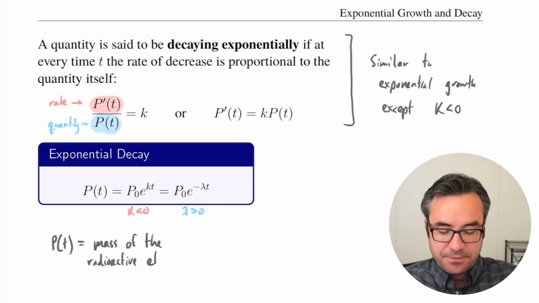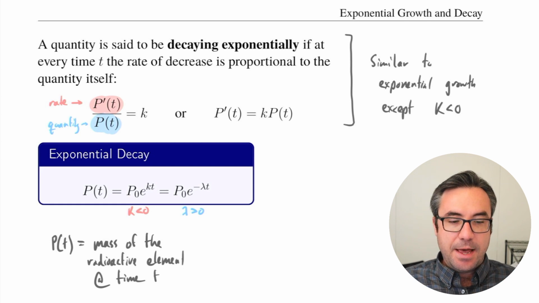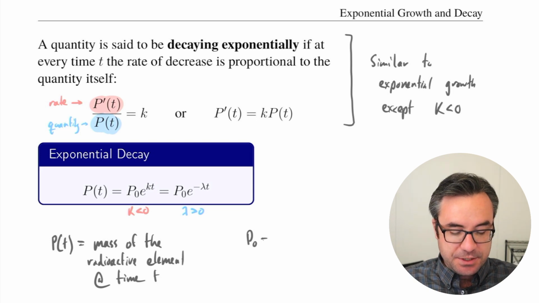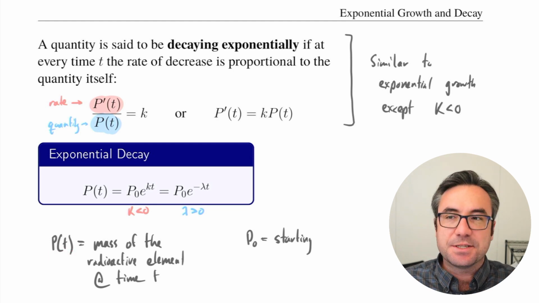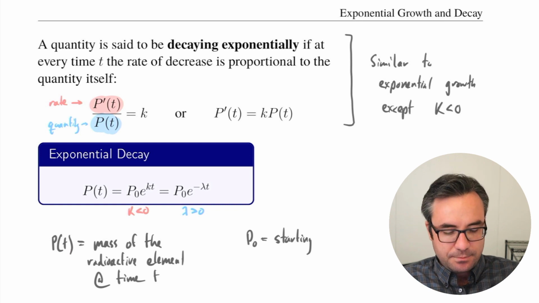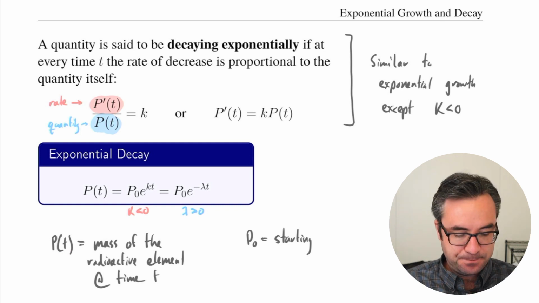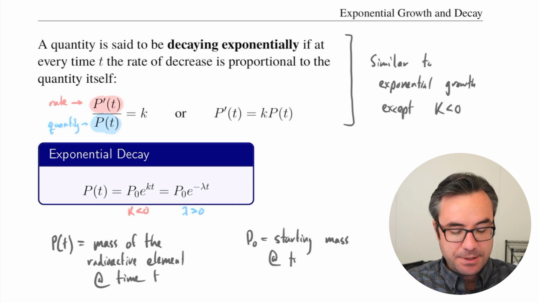So this is the mass of the radioactive element at time t, and you can think of this as the population of radioactive nuclei in our sample. But now it's a decaying population. P0 is still the starting mass, or our initial population at time t equals 0.